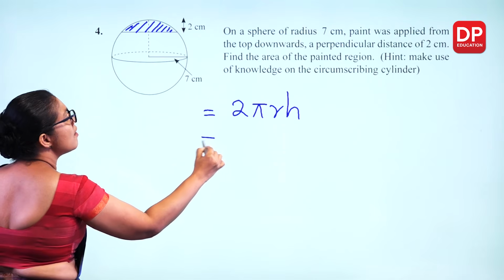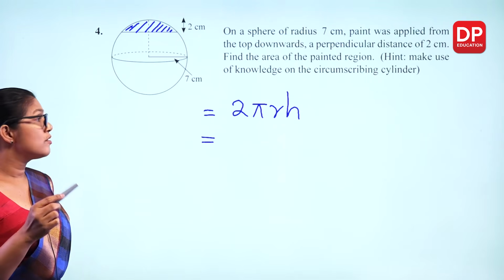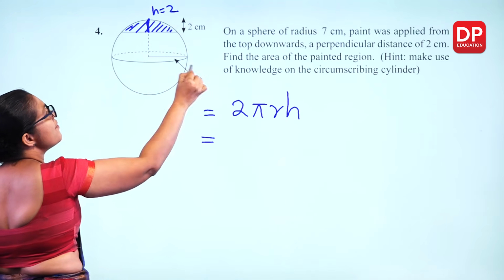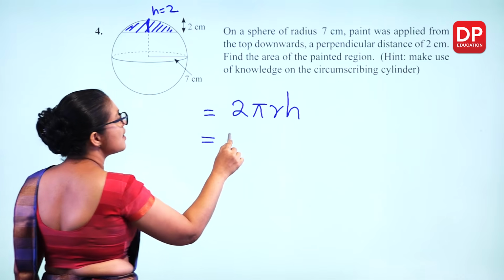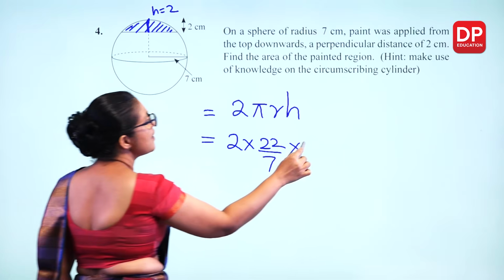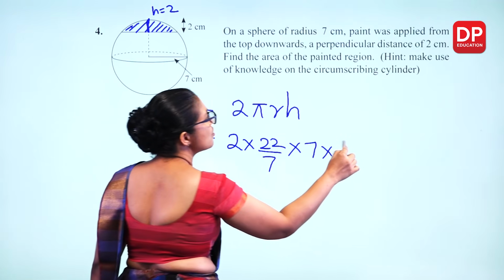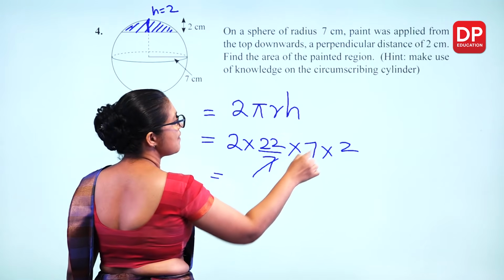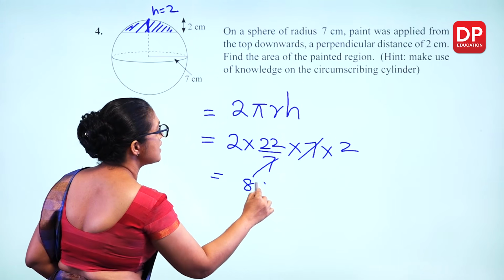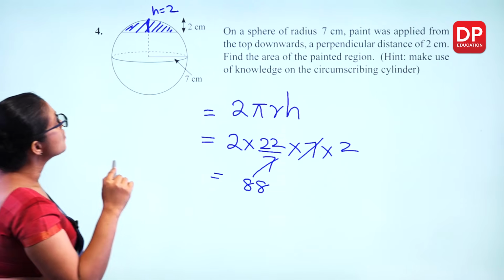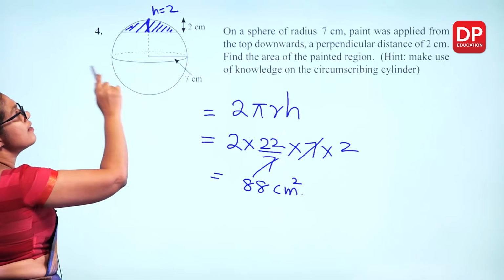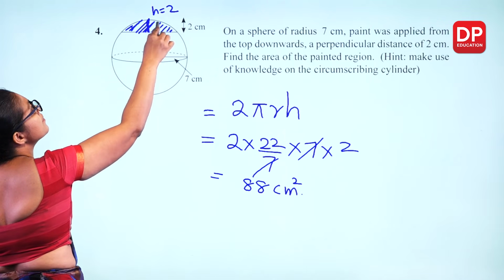When you take only that part, the height becomes 2 and the radius is 7. So we plug in the values: 2 times 22 over 7, radius is 7 and h is 2. Now simplify, 7 gets cancelled out, 2 times 2, 4 times 22, you get 88 square centimeters as the surface area for this part.